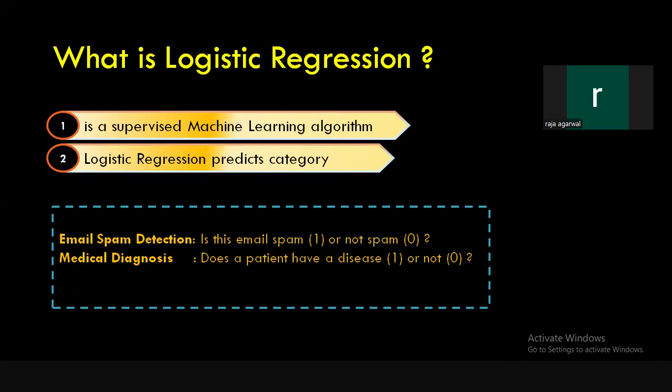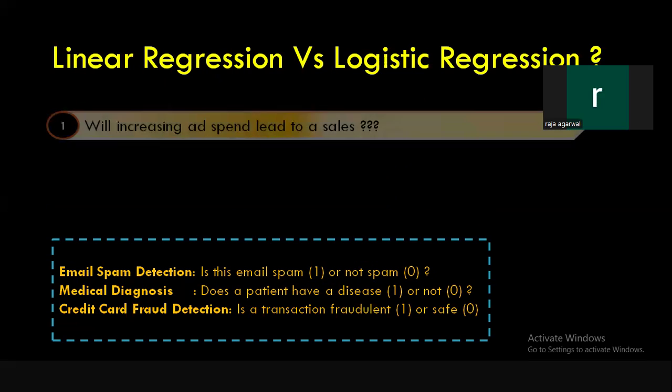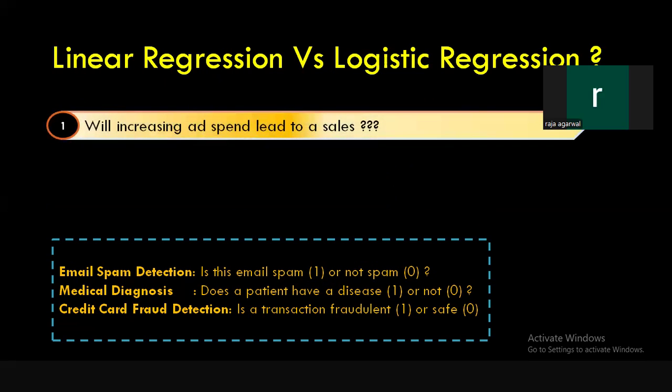what is the difference between linear regression and logistic regression? Let's say you are a sales analyst. You are trying to predict the revenue based on the advertising spend. In that case, you would use linear regression because revenue is a continuous number, isn't it?